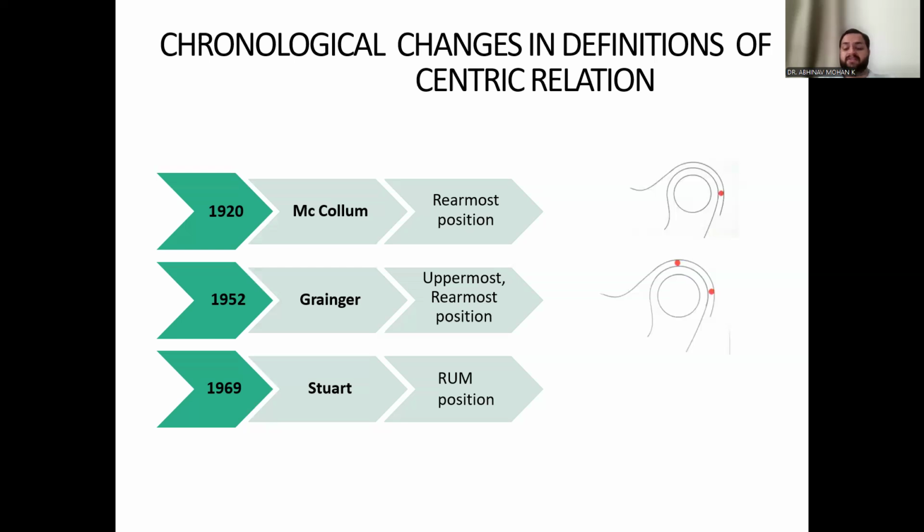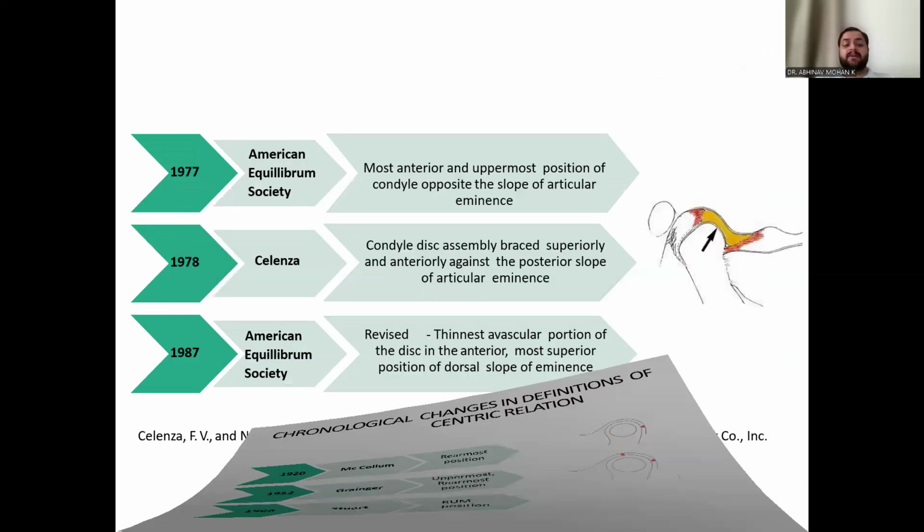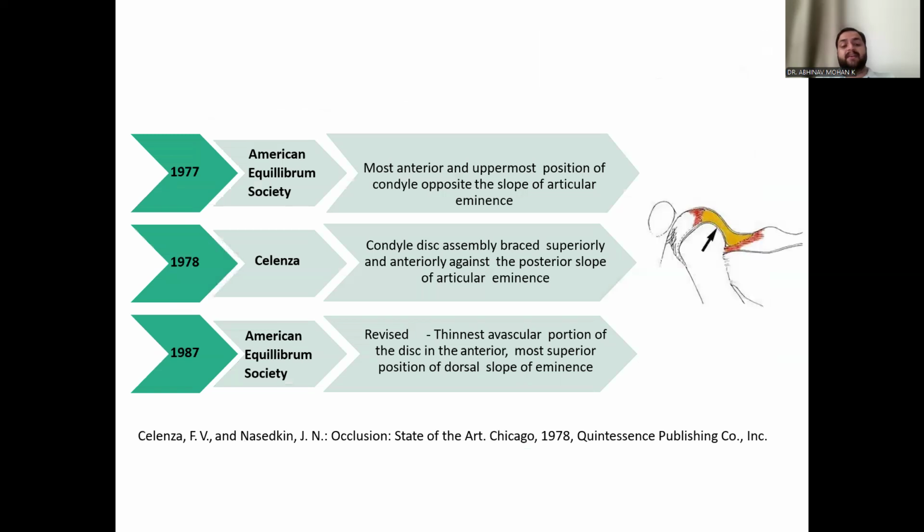Further, in 1977, the American Equilibration Society considered it the most anterior and uppermost position of the condyle opposite the slope of the articular eminence. Later, Celenza in 1978 considered the condyle-disc assembly braced superiorly and anteriorly against the posterior slope of the articular eminence.